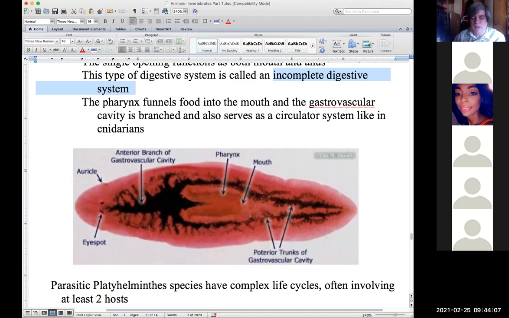But when it's eliminating waste, what's left of the food is moving in this direction. Well, when it's eliminating the waste, the things that it couldn't digest from what it brought into its gastrovascular cavity, that material is in a different condition. It's been partially broken down by digestive enzymes.